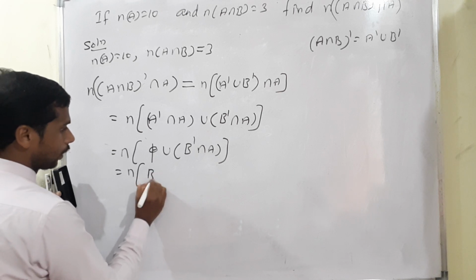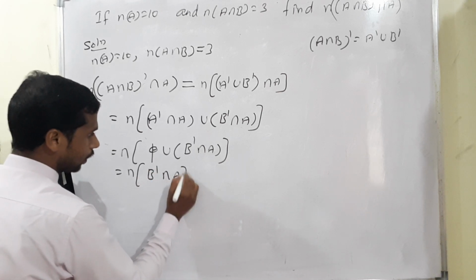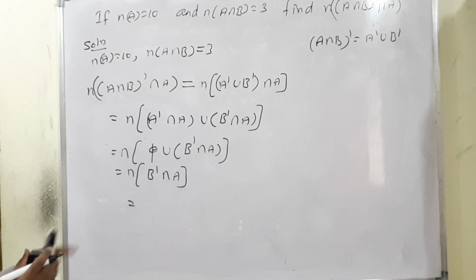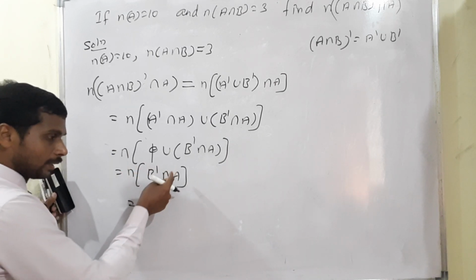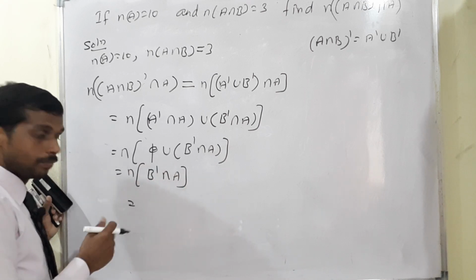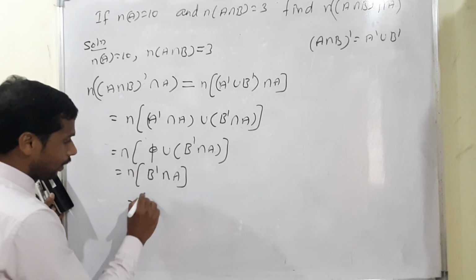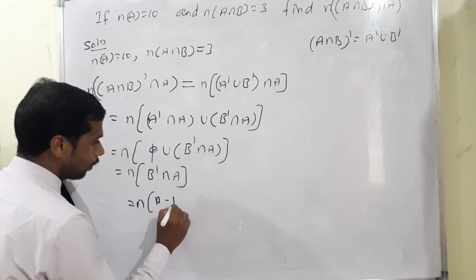Therefore, we can write B dash intersection of A. Now, B dash intersection A, we can write A intersection B dash. Therefore, this is the way it will be equal to number of A minus B.